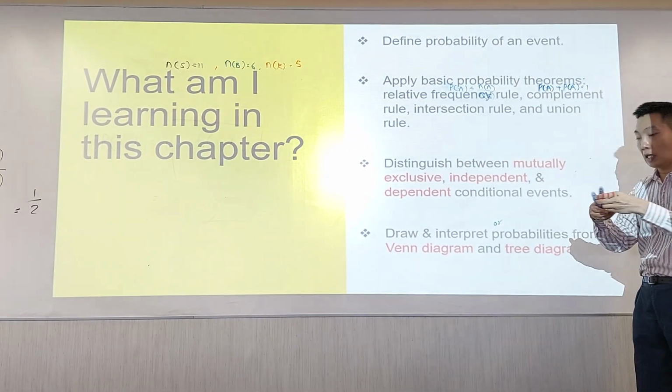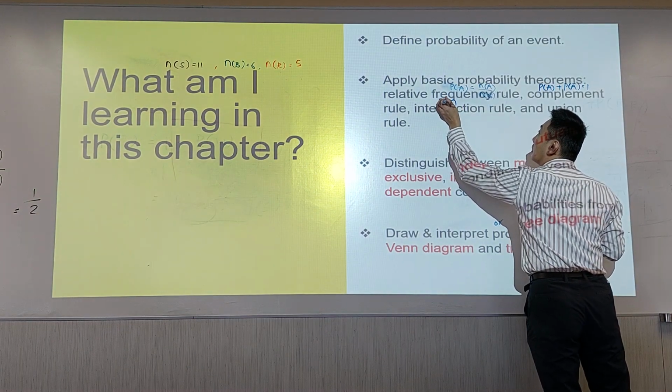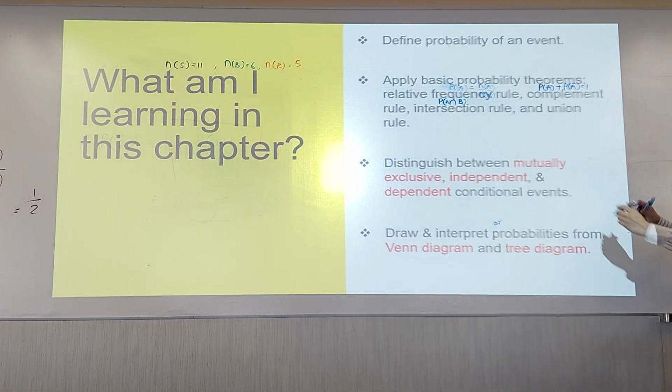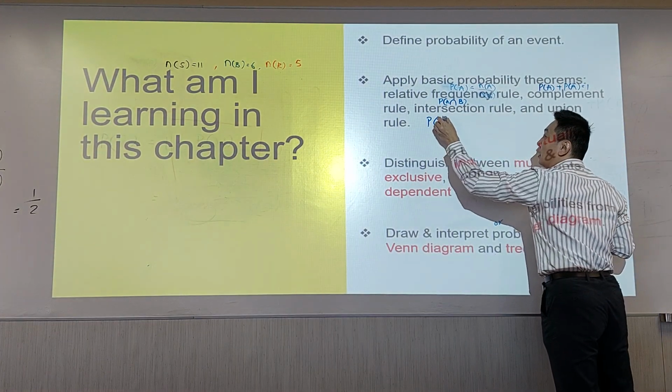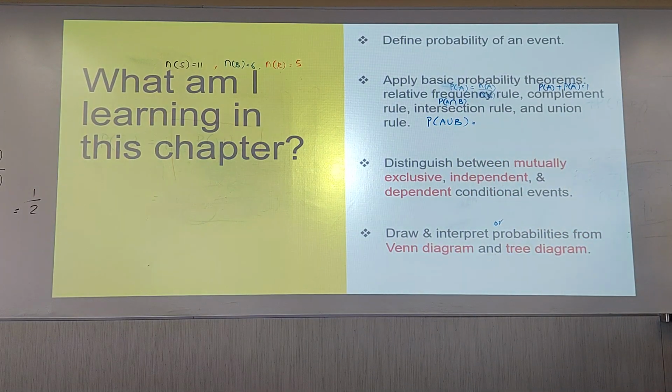Intersection rule, what is the meaning of intersection? Intersection means this one. Union rule is A union B. So what is the formula we learned? A union B, what is the formula? Remember? No matter what the relationship between A and B is, the A union B formula is always the same.